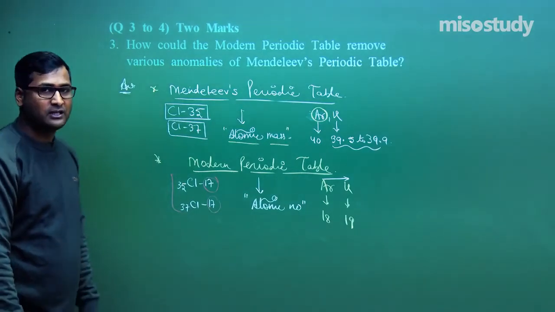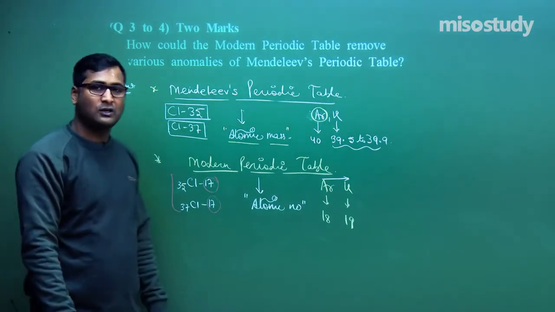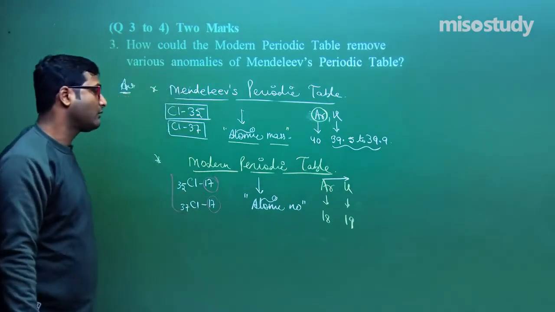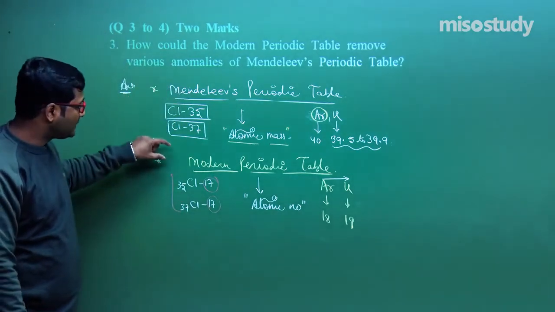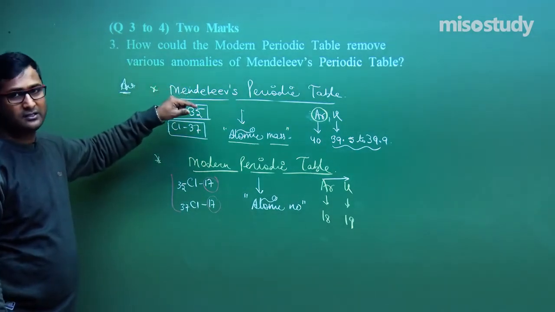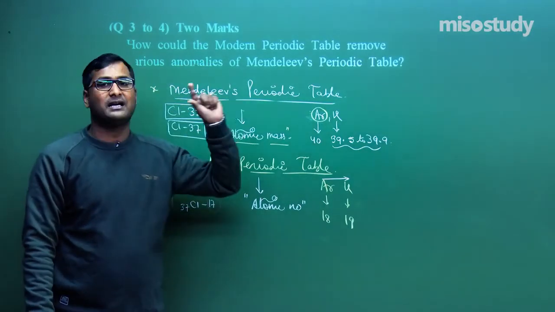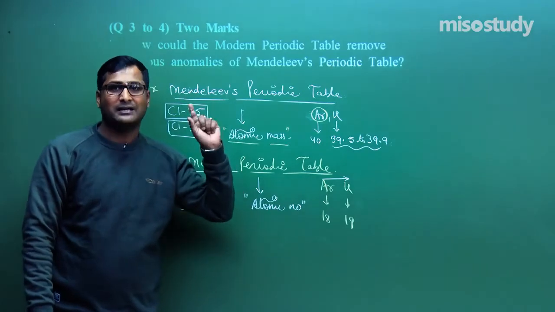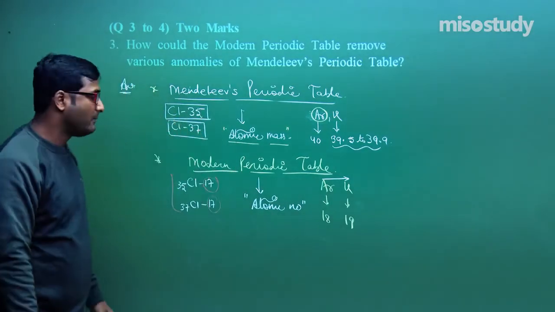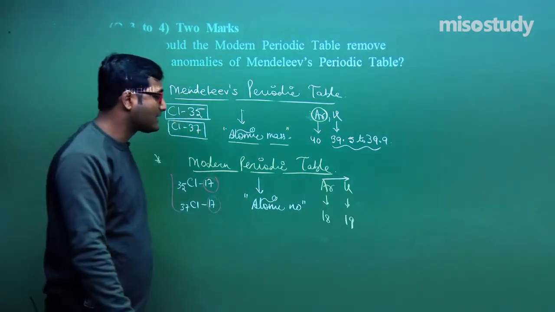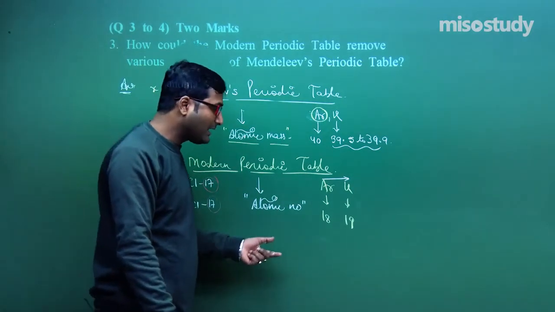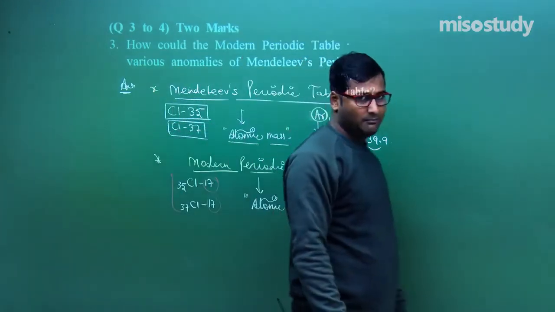In the Mendeleev periodic table, the position of hydrogen was uncertain. Still, the position of hydrogen is uncertain, but we study hydrogen in a separate period, that is period 1, hydrogen and helium, 2 elements, and hydrogen is taken above the alkali metals in the modern periodic table.